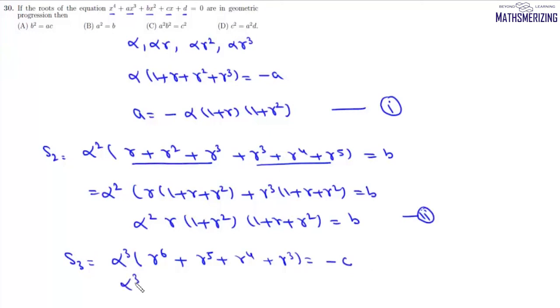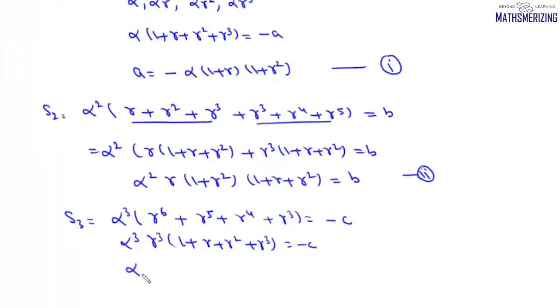So we'll get alpha cube, and here it will be r cube into 1 plus r plus r square plus r cube equals minus c, which is alpha cube r cube into 1 plus r into 1 plus r square, and this value is minus c.